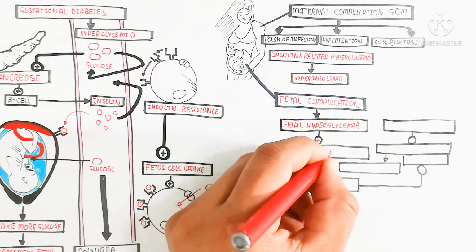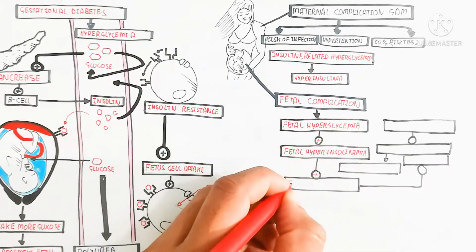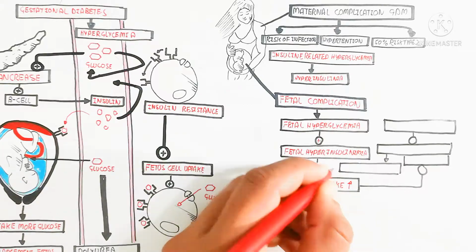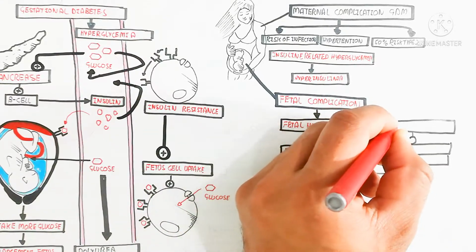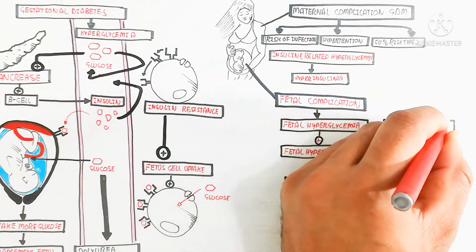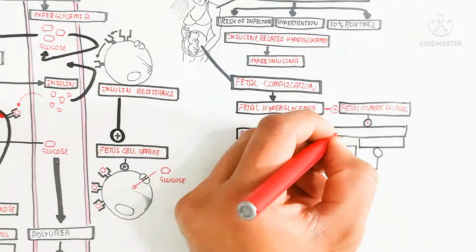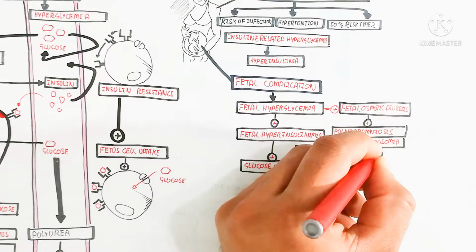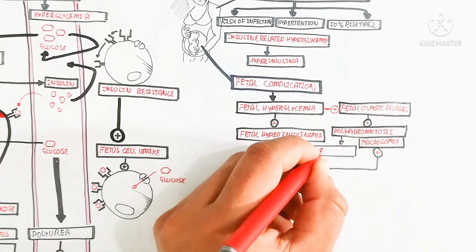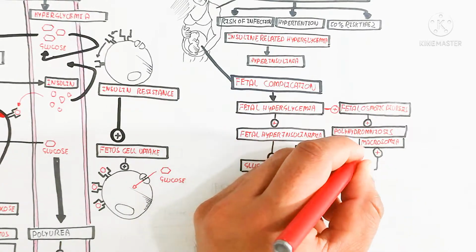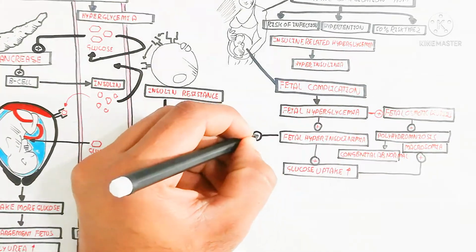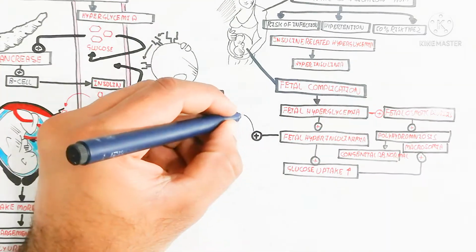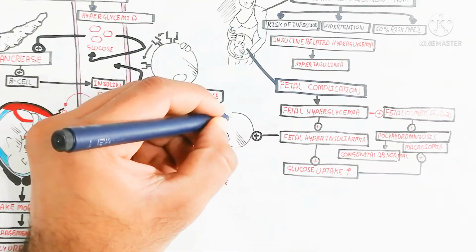After the glucose uptake, it will lead to macrosomia of the fetus, the enlargement of the fetus. On the other hand, the fetal hyperglycemia will lead to fetal osmotic diuresis and polyhydramnios. Polyhydramnios means that more fluid will be produced.